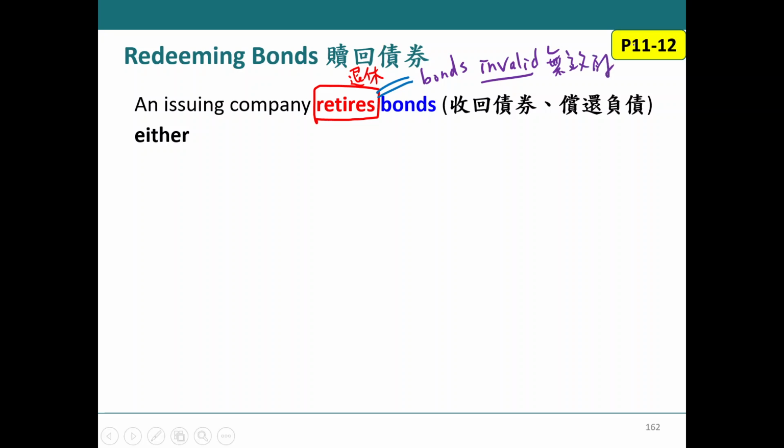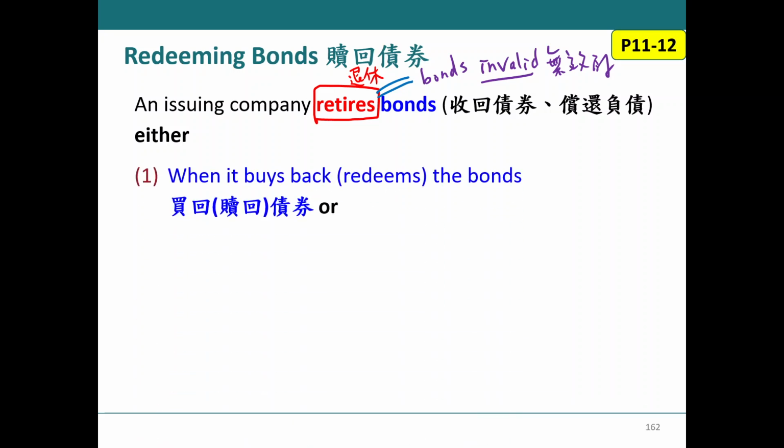Okay, so retire bond means your bond is invalid, useless. So what kind of situations make your bond invalid, useless? We actually have two simple situations. So first one is what? When you decide to buy back.